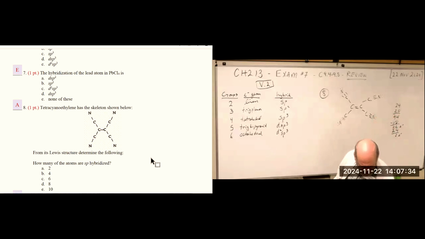And then the question was, how many of the atoms are sp hybridized? sp is linear. So there's 2, 2, 2, 2, 2. So we've got 1, 2, 3, 4, 5, 6, 7, 8. We've got 8 linear.